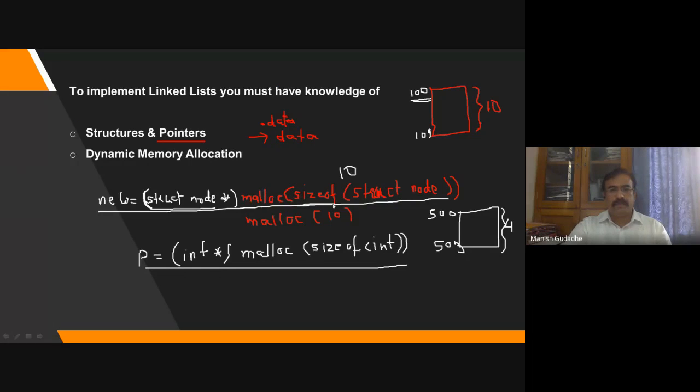Okay, what will happen? As soon as the first data comes, I need to create a node. Creation of node means what? We are constructing a node. We are allocating the space equivalent to the size of that node. So this statement which we have written is going to get executed. So allocate a space equivalent to that struct node, make it a struct pointer new.